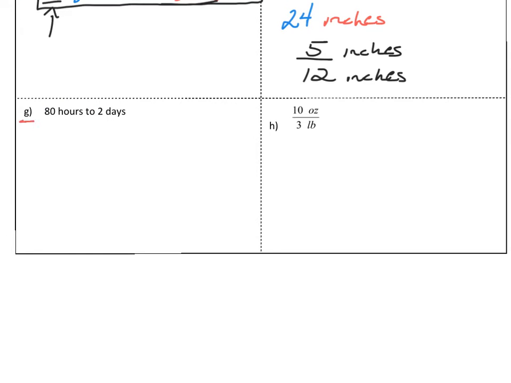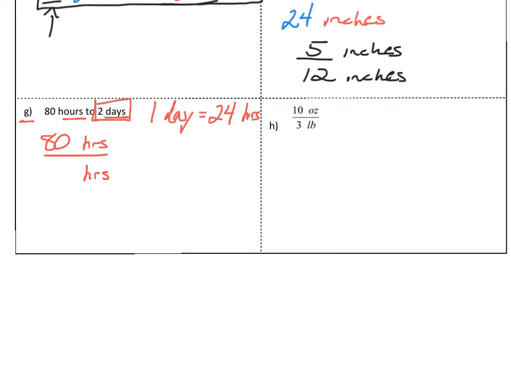Next one, I'm dealing with hours and days. Once again, let's stick with the smaller unit. So I'm going to keep the 80 hours. And I want to figure out, okay, well, 2 days then is how many hours? You got to remember that 1 day is equal to 24 hours.